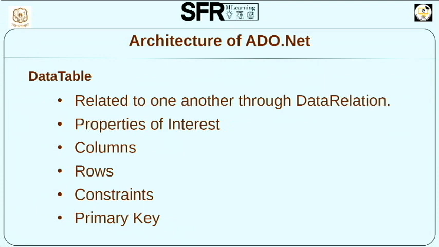Columns returns the column collection of data columns. Rows returns the data row objects as a row collection. Parent relation returns the relations collection. Constraints returns the table's constraints collection. Dataset is used to return the entire dataset of the data table. Primary key gets the data columns that make up the table's primary key.